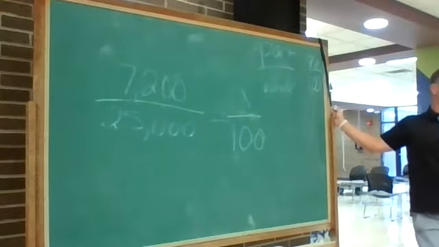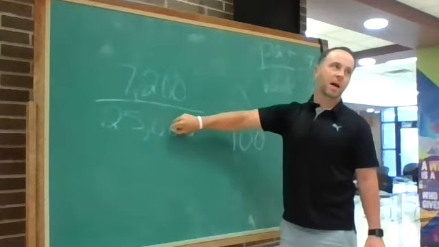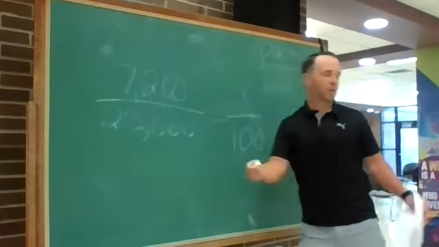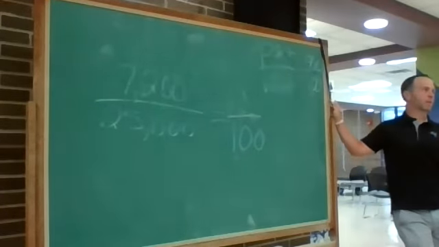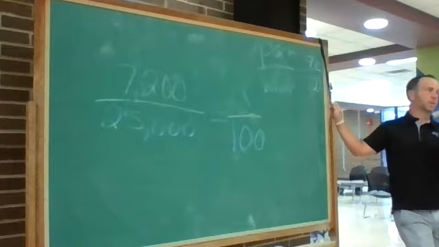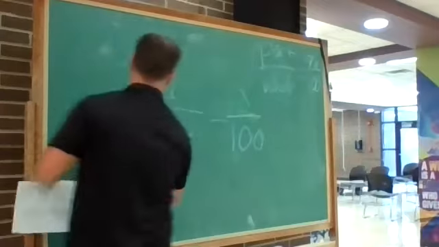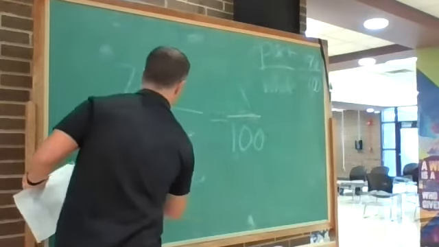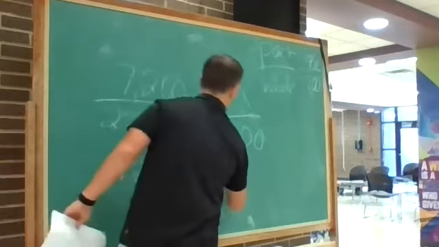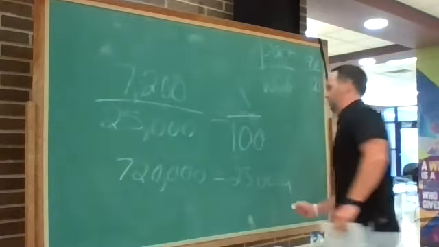Or you could, if you went the other way, you could also go 600 and then divide this by 12 to figure out how much she would make per month. You know what I mean? So you either had to turn it all into months or all into years. And then the other way would have made you give an extra step. So then you would solve for this, so it'd be 720,000 equals 25,000x.